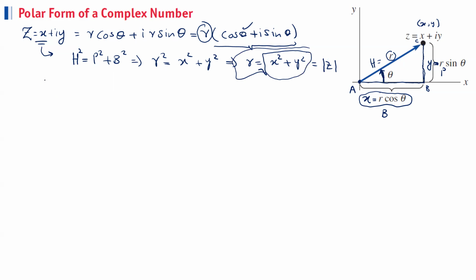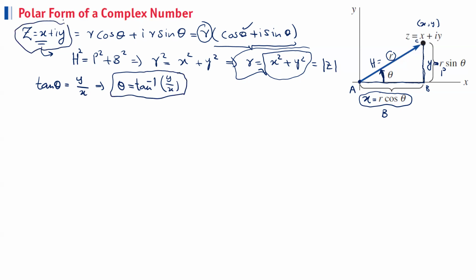Then I can easily find theta, because from this triangle, tangent theta is equal to y over x, which implies that theta is equal to tangent inverse of y divided by x. So these are the conversion equations. If I know my complex number in the standard form, it means I know x and y, and I can use those here. I will get r, and when I use them here, I'll get theta.